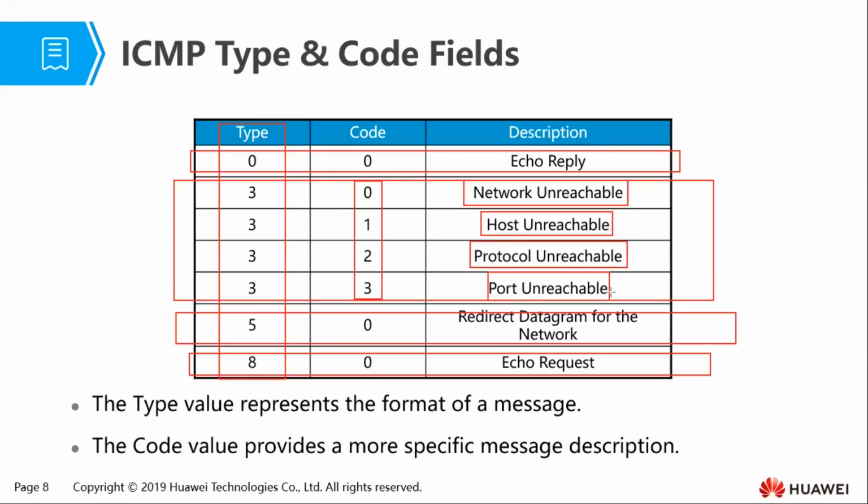So if you try to access a server in our network via a port that has been blocked, you're going to get this error message, port unreachable. So Chris, are you comfortable? These are the specific error messages that you can get for ICMP: network unreachable, host unreachable, protocol unreachable, and port unreachable.